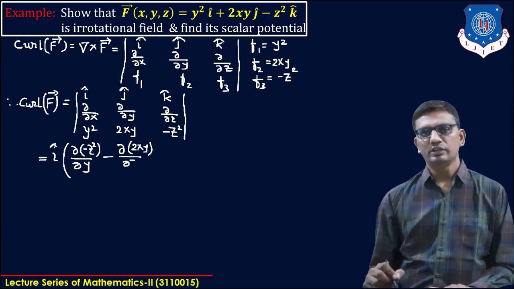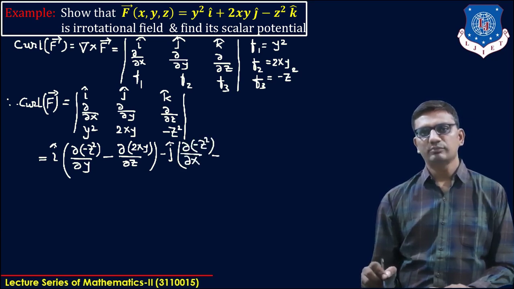So both are 0, because in the first component we don't have a y, and in the second component we don't have a z. Now minus j into del z square upon del x minus del y square upon del z, which is also directly 0 because both partial derivatives are 0.